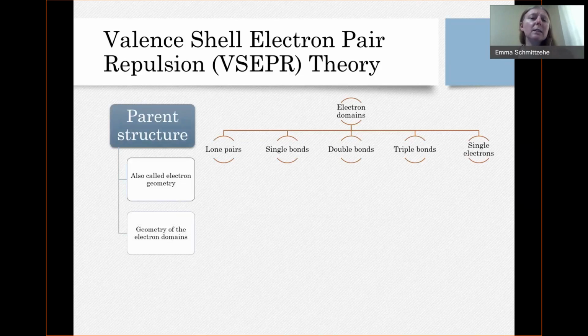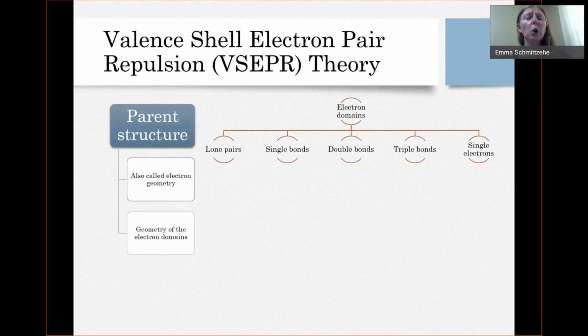This is just telling you the actual geometry or arrangement of the electron domains, how they're oriented with respect to one another around some central atom.